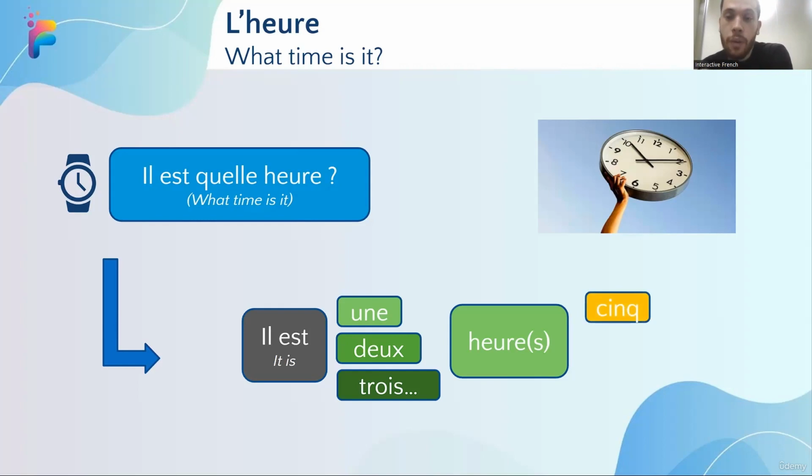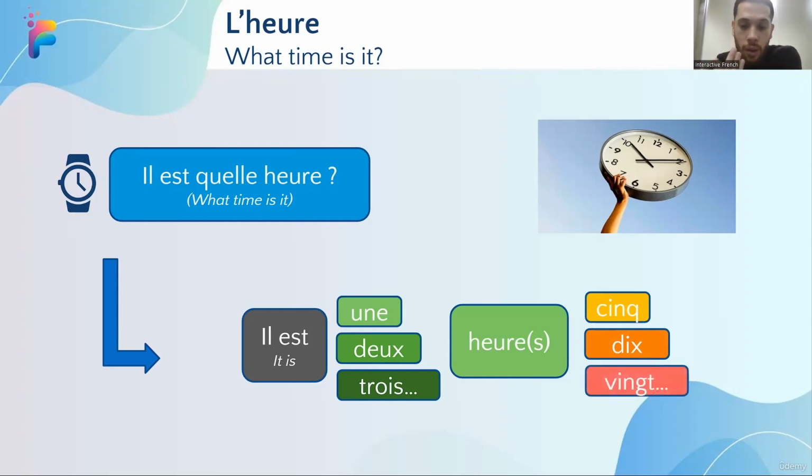After heure, if needed, we can add the minutes. Okay, so if it's 1:05, you can say il est 1h05. If it's 10 past 1, for instance, you would say il est 1h10.